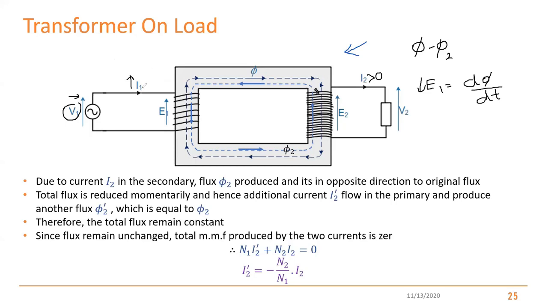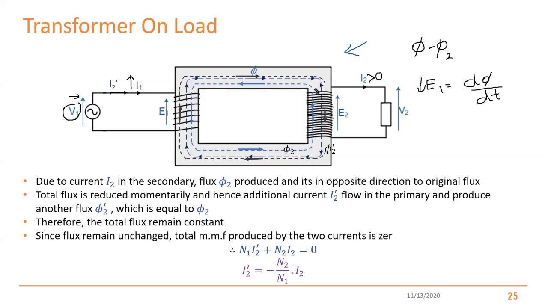I1 increases because E1 momentarily drops. As I1 increases, there's another magnetic field produced due to that additional current flow, in the same direction as the original flux, supporting it. You can see that in the black dashed phi-2 dash. That is the magnetic flux produced by the additional current. There will be an I2 dash additional current flowing in the primary due to that momentary drop in the primary voltage.